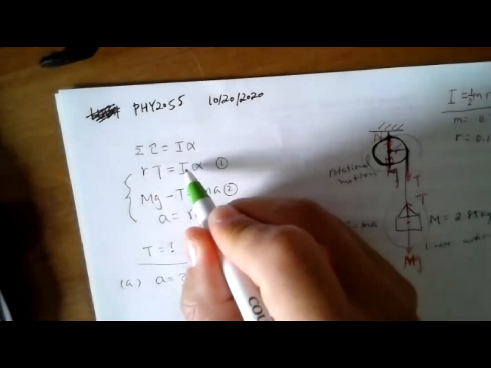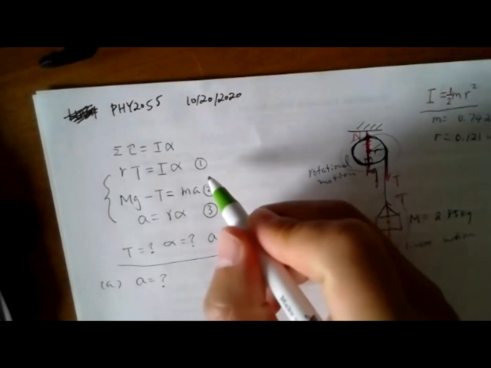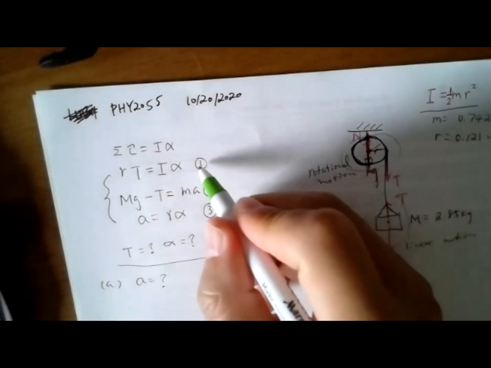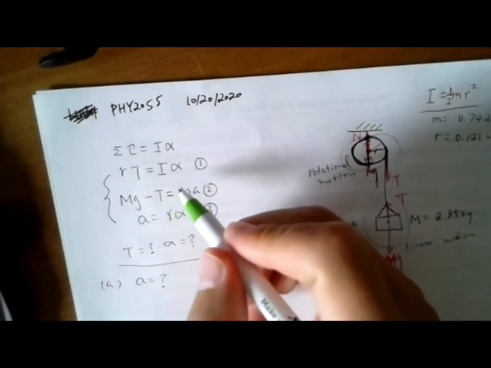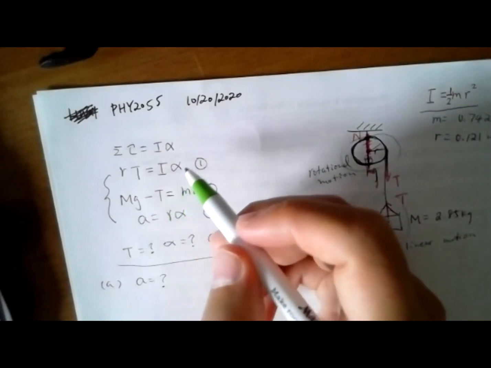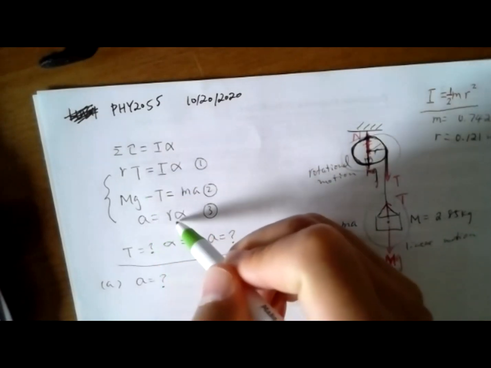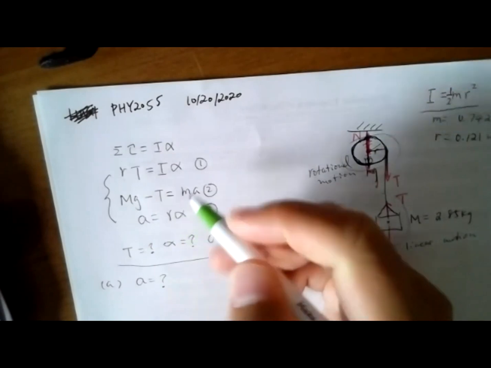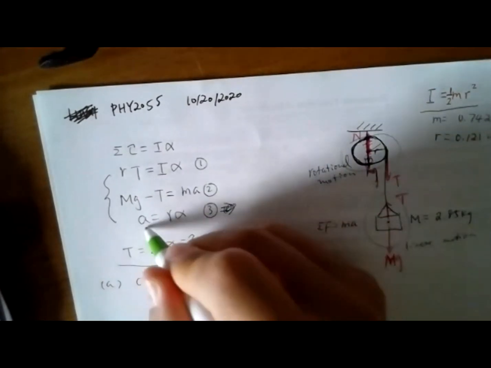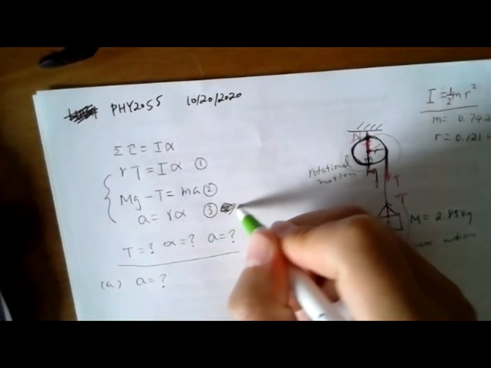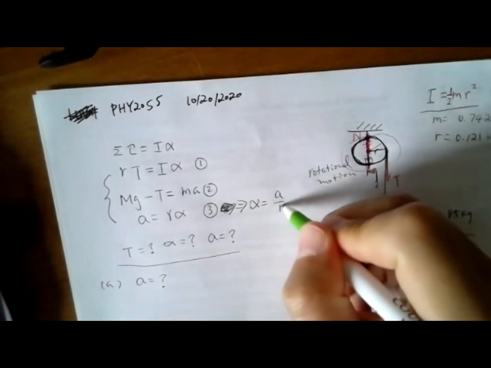As I said, this I is equal to 1/2 mr squared. I think we can start with these two equations over here. We can eliminate the T and alpha, because we can rewrite alpha as acceleration a divided by r.